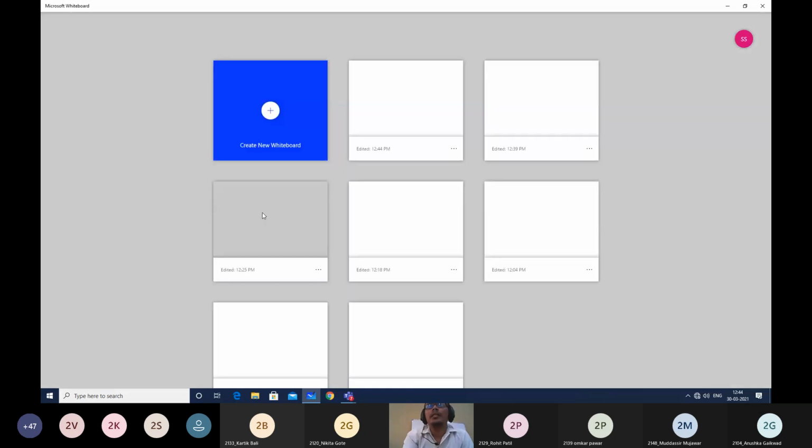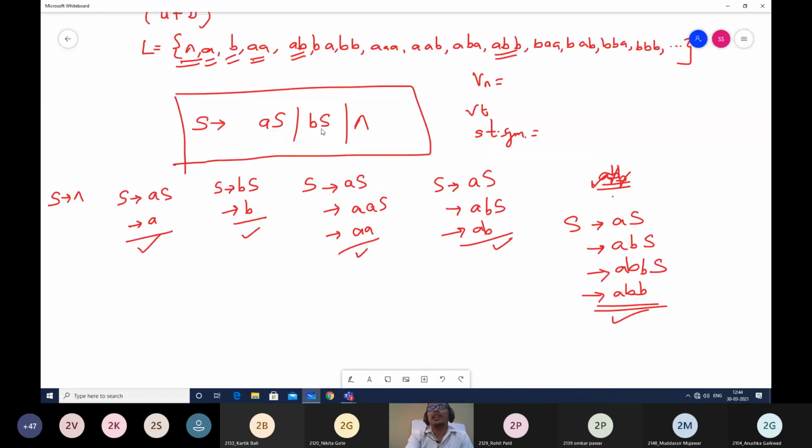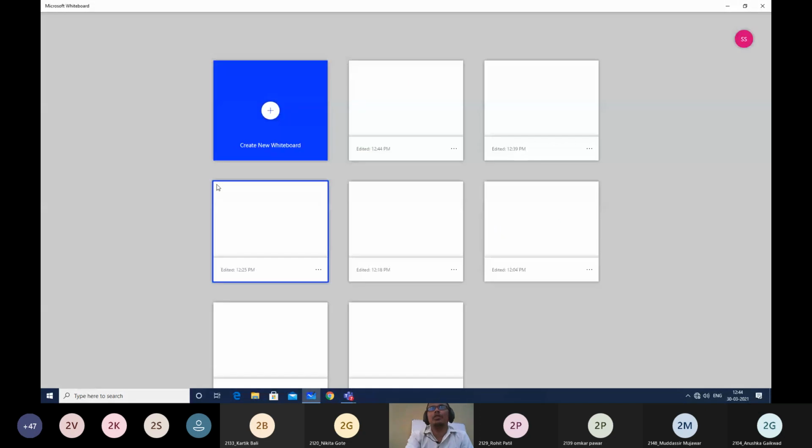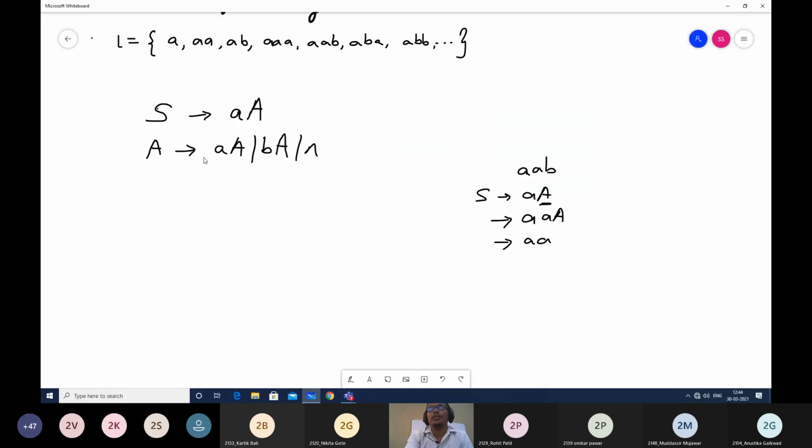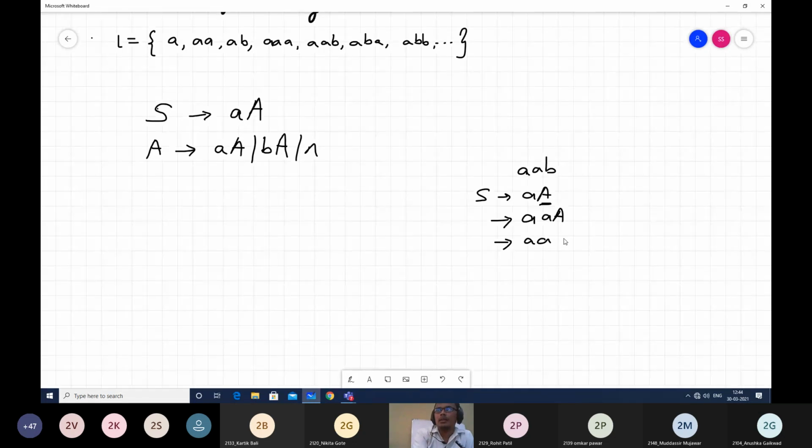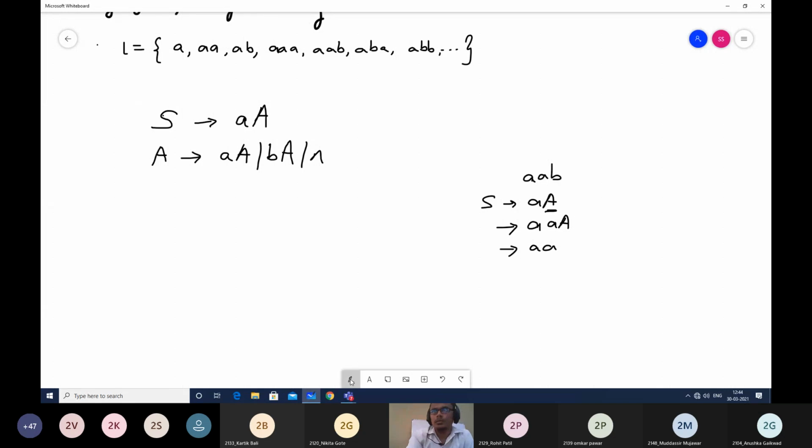If you see, it was S gives AS or BS, so the name of the non-terminal should be the same. So it is A gives AA or BA, and finally this A will be null.